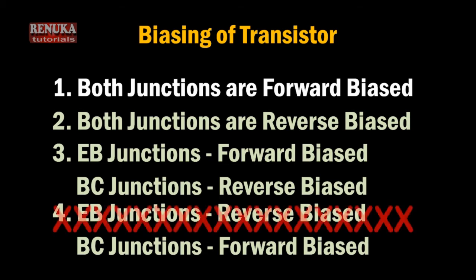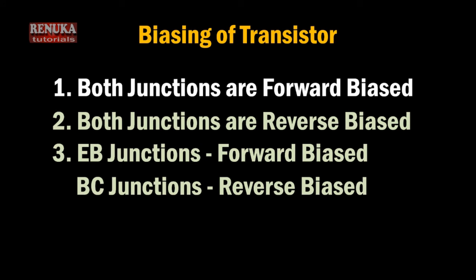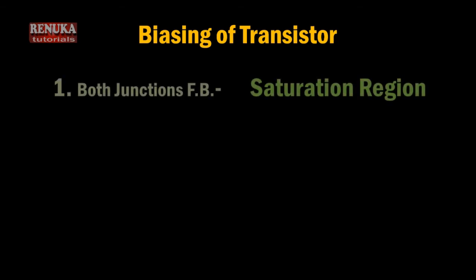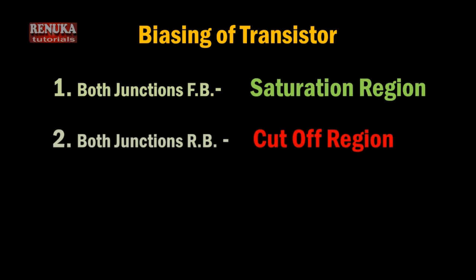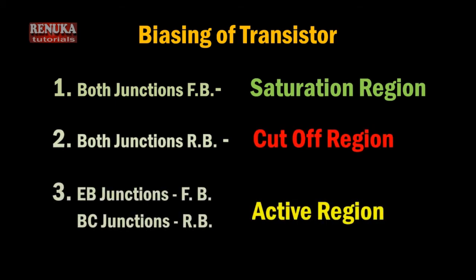So that is why this combination is not taken. So there are only three types of biasing, and when these biasing circuits are used, the transistor will operate either in the saturation region, cutoff region, or active region. So these are the biasing methods or biasing types of transistor.